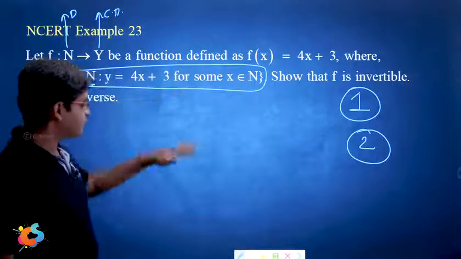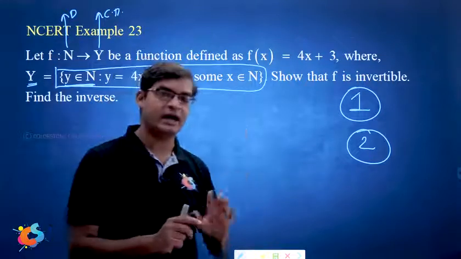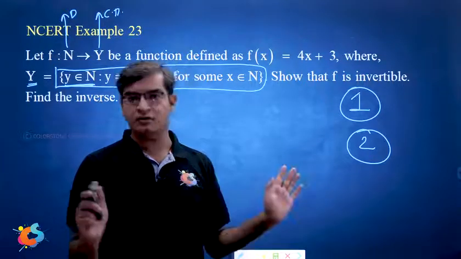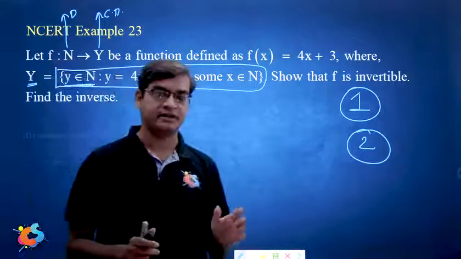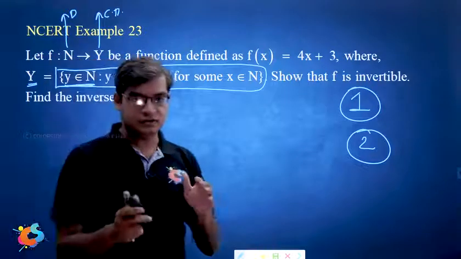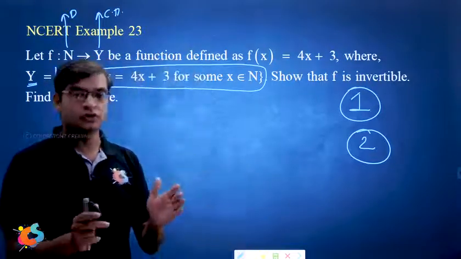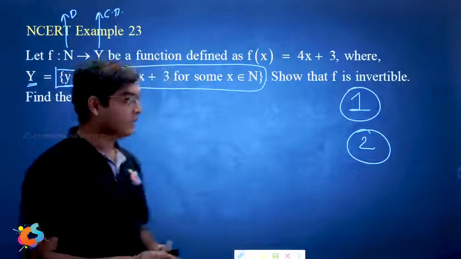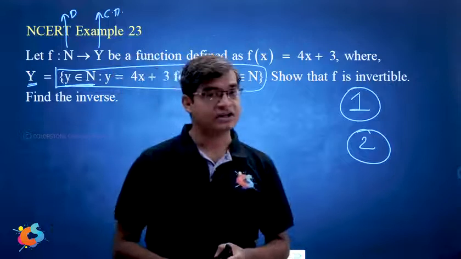You can proceed with the solution without even considering what this set Y is, and you will get full marks. There is no need to understand why it is given. But if you are preparing for competitive exams, then this maybe 3 or 4 minute part of the video, you have to understand.